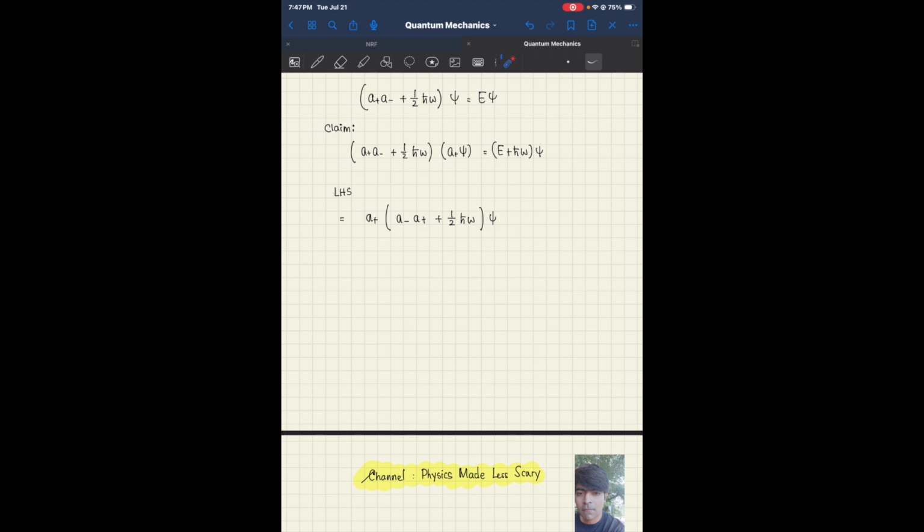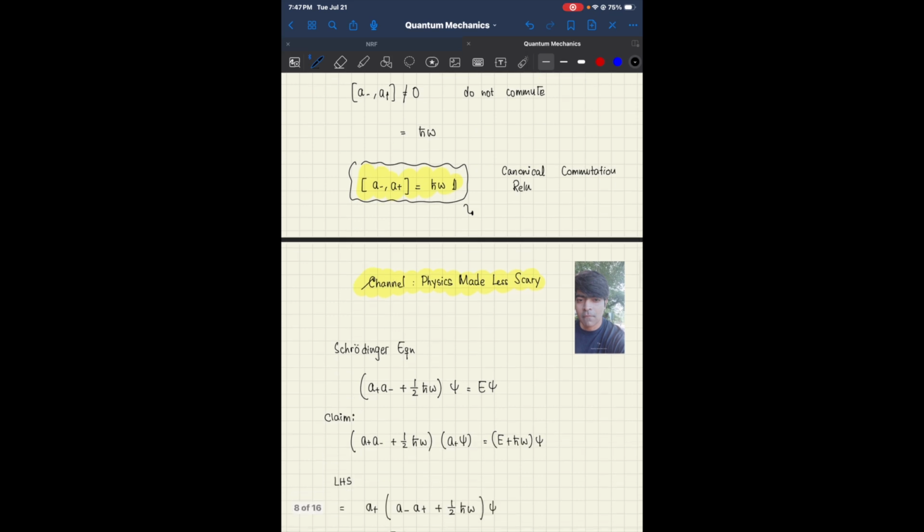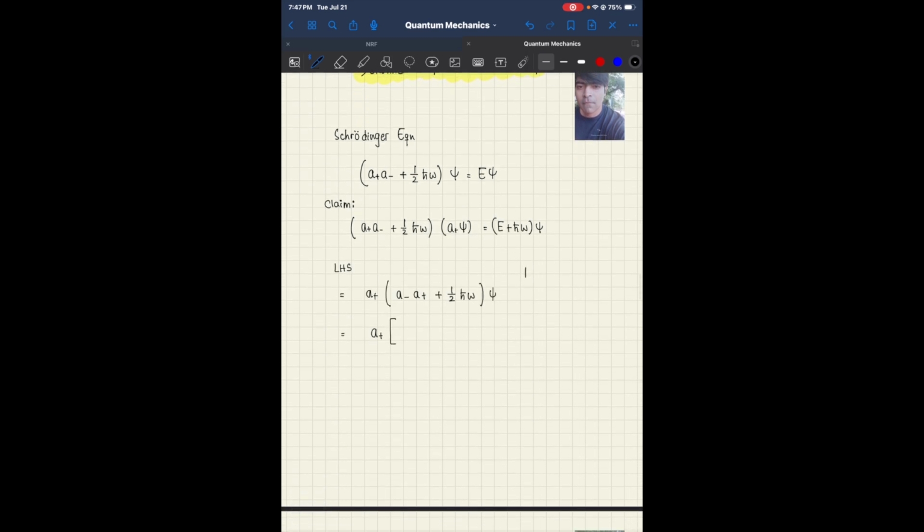Okay, so you understand this. But you see, you have already worked out this relation from the standard canonical commutation relation. Let me be absolutely pedantic and do it for you. This we have seen is the canonical commutation relation. This means this is equal to h cross omega.